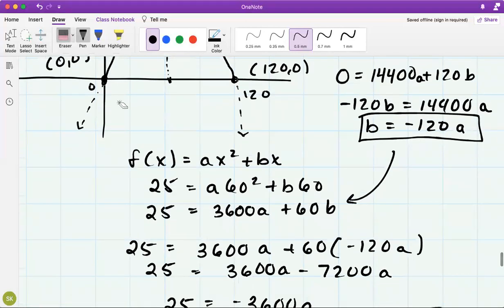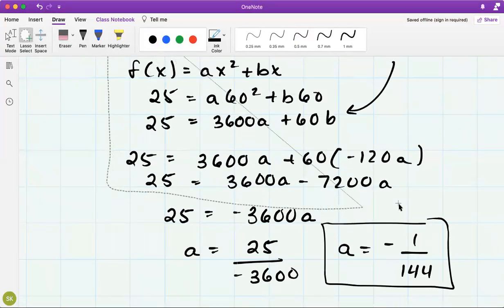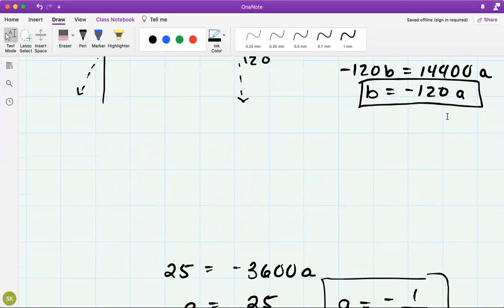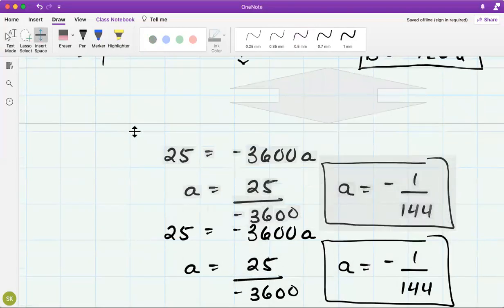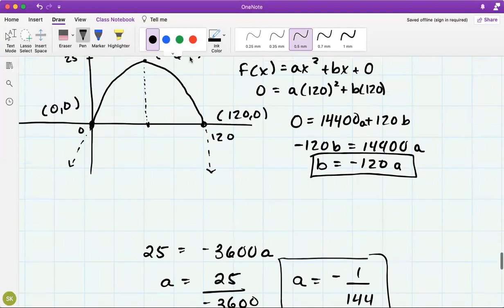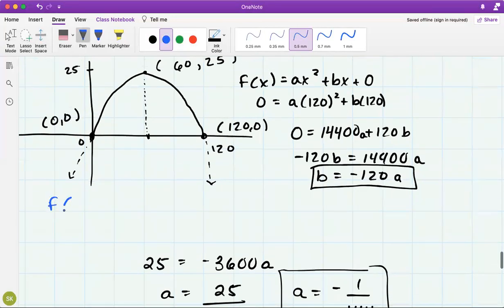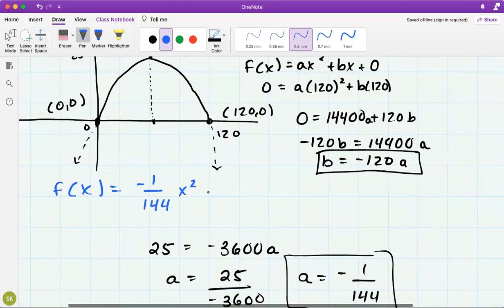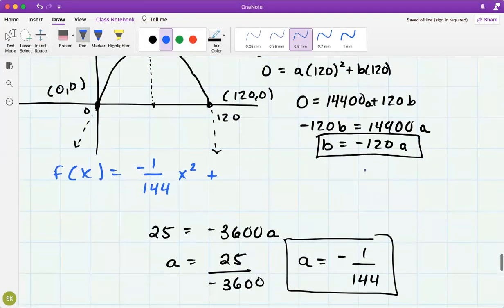So this is the value for a, and I'm going to put that in my equation. In fact, I'm going to erase this so I can see all of this information. Let's move this up a little bit, zoom out. So I'm going to start writing my equation. f of x is equal to a, which is negative 1 over 144 x squared, plus b. b is negative 120 times a, so b is equal to negative 120 times negative 1 over 144. Let's simplify that.